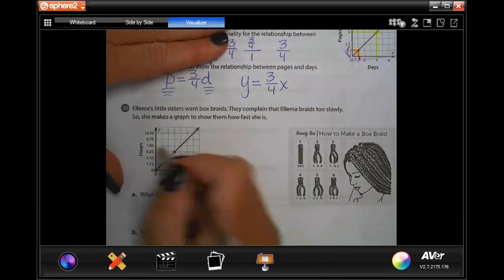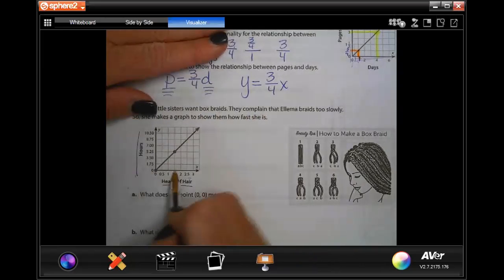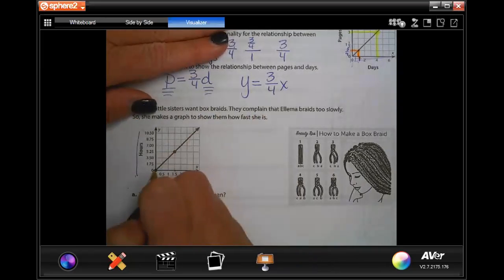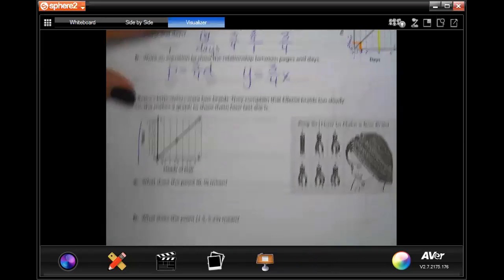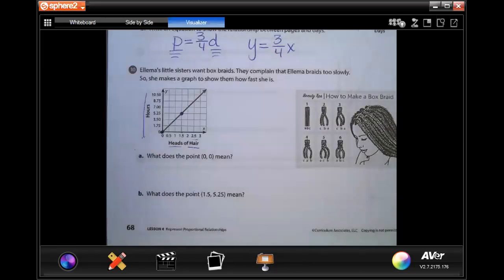And then this is hours on this side. So it looks like this right here means that she can do 1.5 heads of hair in 5.25 of an hour, right? She also has 0, 0 on here. So the first question that we have is, what does that point on this graph represent?